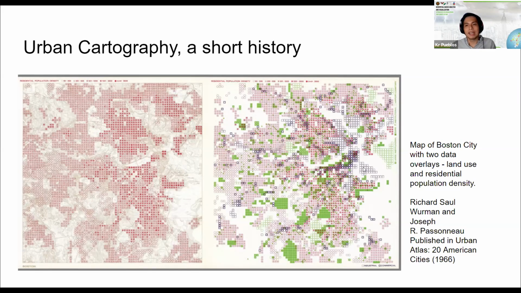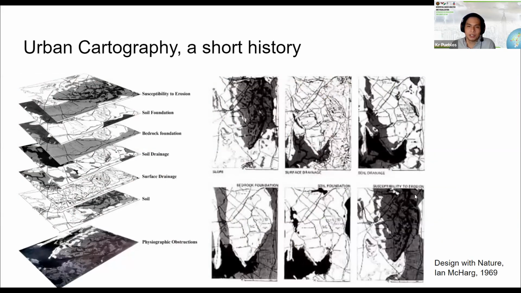One example of this is Richard Saul Wurman and Joseph Fasenbaugh's Urban Atlas, where it overlaid residential land use and population density. And that was just the start. Of course, architects would know Ian McHarg's Design with Nature, where he really kickstarted ecological planning, looking at several layers, surface drainage, erosion susceptibility, to have a more holistic environmental view of what we're planning, what we're trying to build.